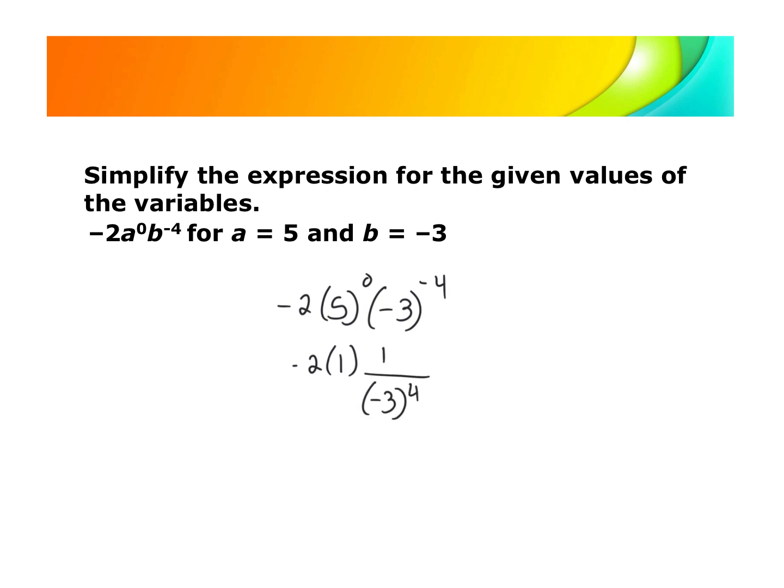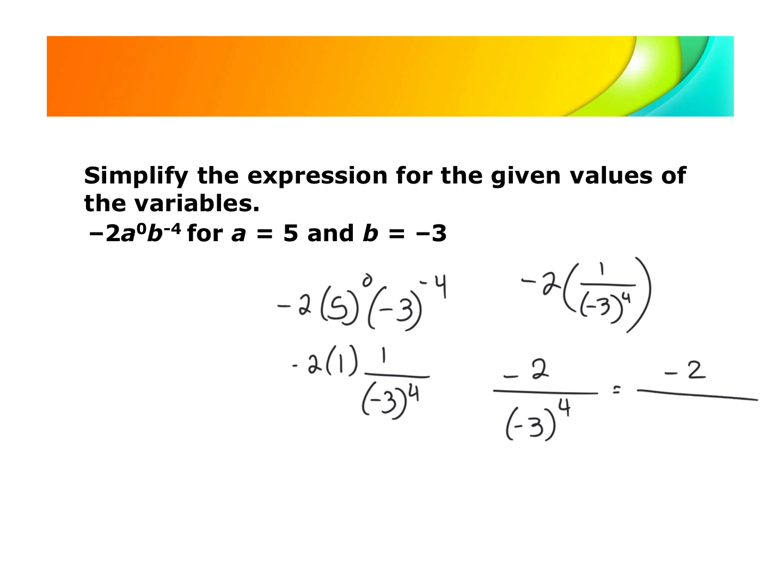So I'm going to rewrite it a little more simply: negative 2 times 1 over negative 3 to the 4th power. So that's going to be negative 2 over negative 3 to the 4th power. So that's going to be negative 2 over negative 3 times negative 3 times negative 3 times negative 3. This is 9, this is 9. So we're left with negative 2 over 81 as our final answer.